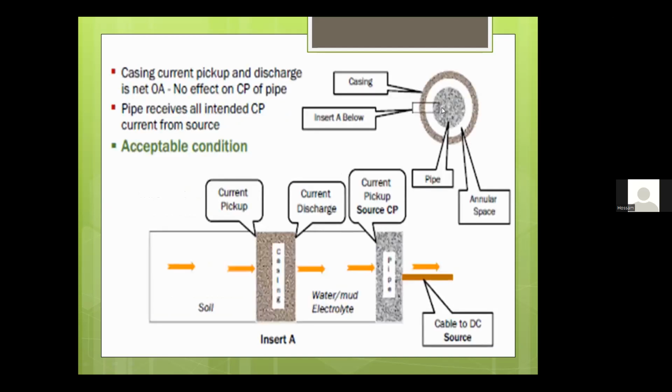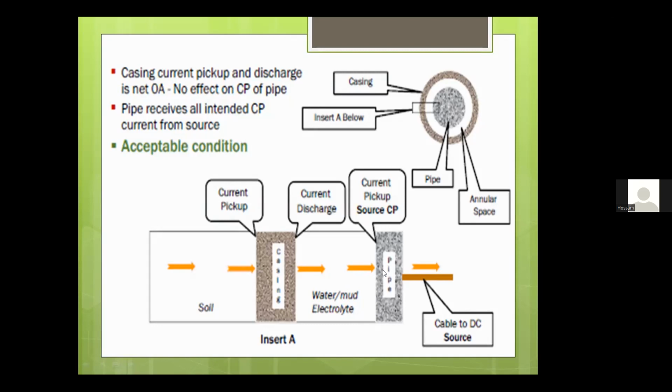Here is the carrier pipe and the casing. If we take this section, we confirm that the annular space contains water or mud. So the cathodic protection current will be picked up by the casing surface, then discharged from here to the electrolyte, and then picked up again by the surface of the pipeline.